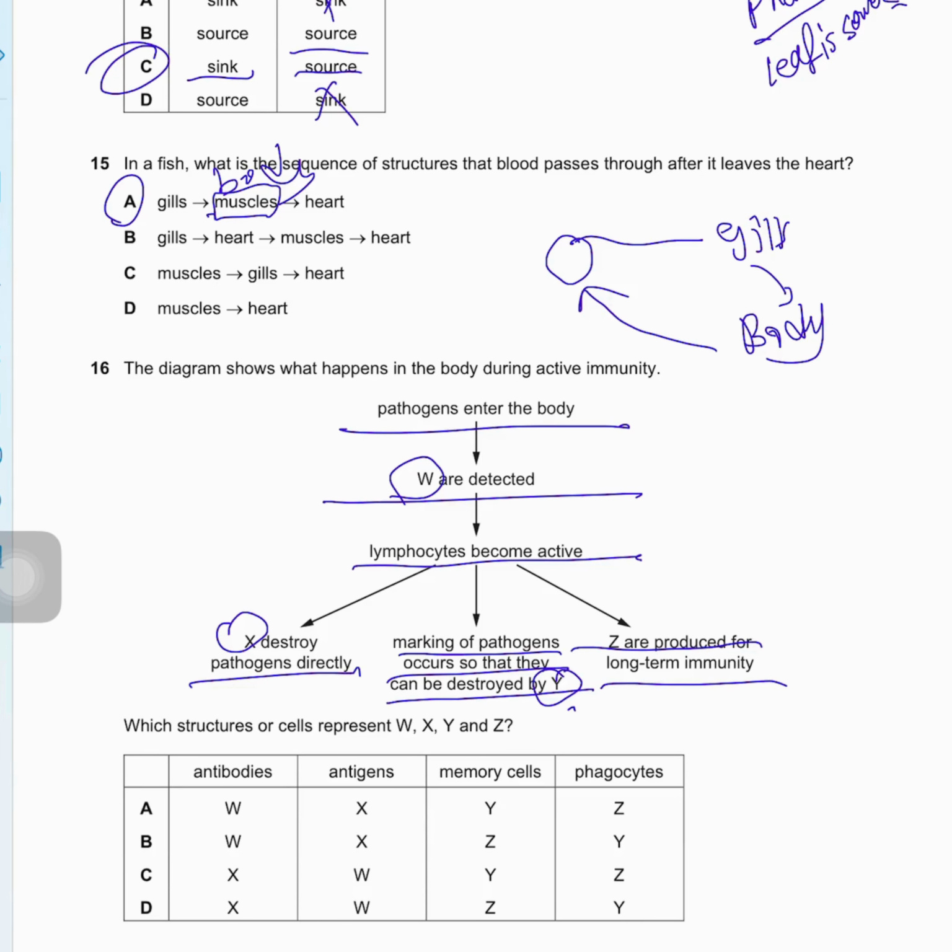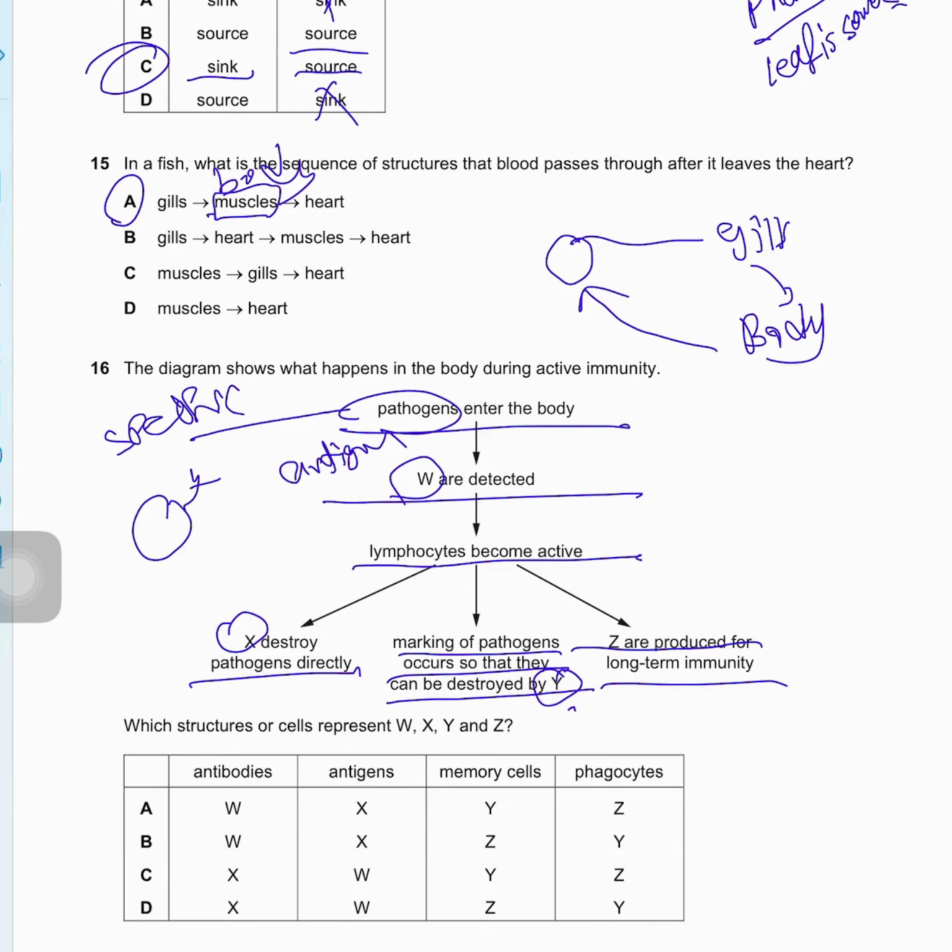So before I read the answer, there are two things I have to understand which are very obvious for me. W is antigen. Why? Because each pathogen has its specific antigens. What are antigens?